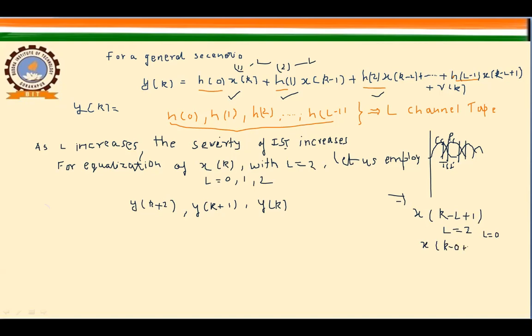Now what is our transmitted signal at the time of k plus 1, ठीक है। So our k value is k plus 1। When L is 1, then x of k minus 1 plus 1, this is cancel out, we are getting the x of k.